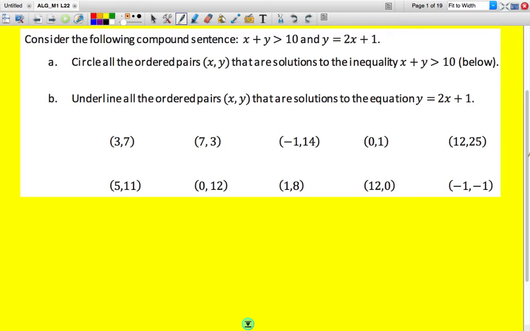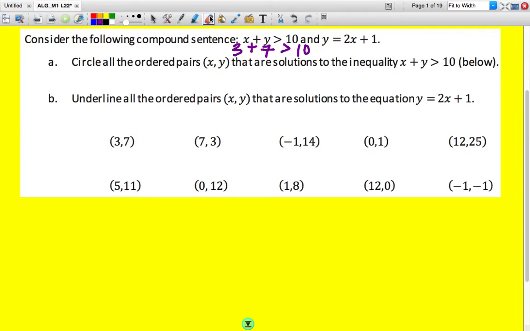So let's first look at these ordered pairs and see if they are solutions to the inequality. So 3 in place of x, so this would be 3 plus the y, 7, is greater than 10. Is 10 greater than 10? No, it's not, so we can't circle that one.